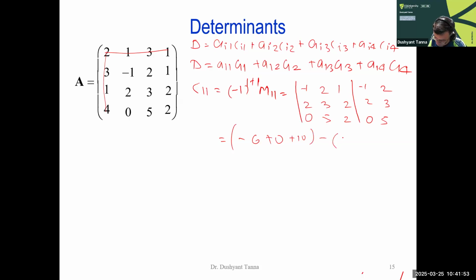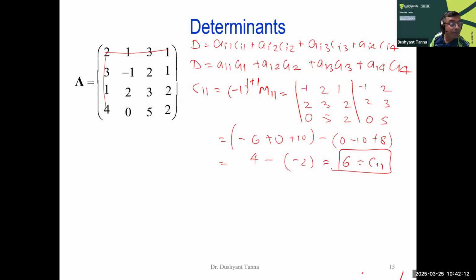Then subtract 0, -10, and 8. So that's like 4, -2, so that's a 6. So my C11 is 6. Then I go with C12, then C13, and then C14.